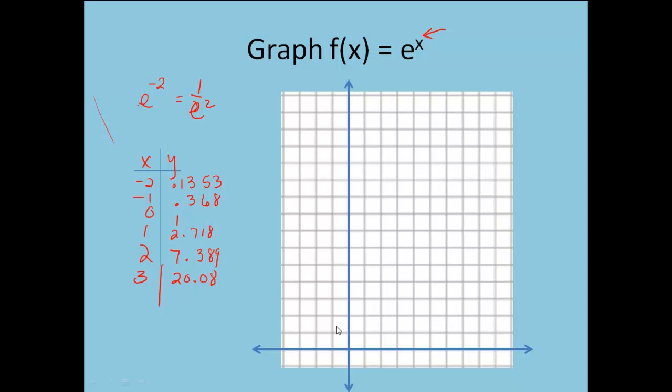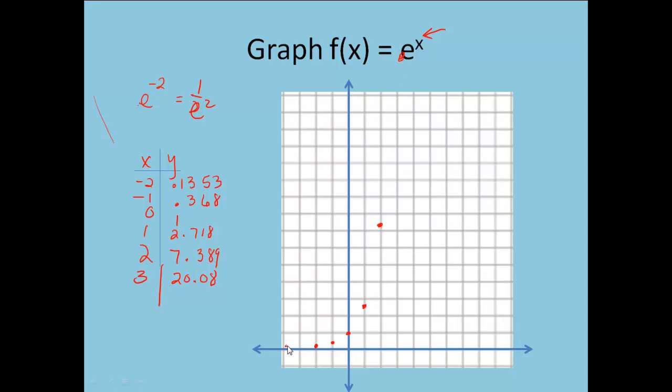So now when I go to plot these points, if I go to -2 and 0.13, and then -1, 0.3, 0 takes me up to 1, 1 takes me up to 2.7, 2 takes me up to 7, and then 3 would take me up to 20 something, which is going to be up here.